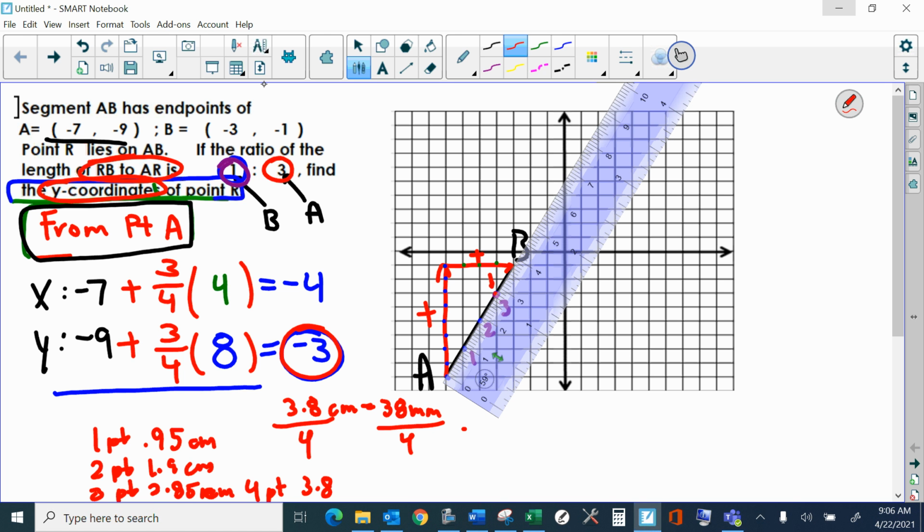Or I go 1 part, 0.95 centimeters, and that is right there as well from B. So that's a 3rd way, if you measured it and divide it into those total number of parts. But for some of you that would be tougher unless it came out to be a nice even number to divide. Much easier to do either this 2nd way I showed you or the original 1st way. Okay, that does it.